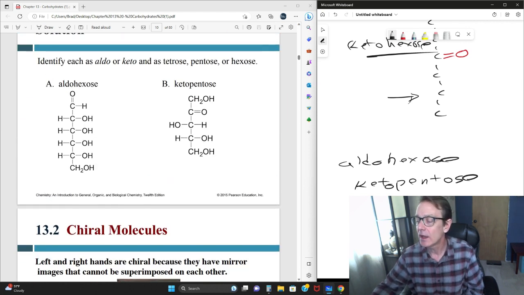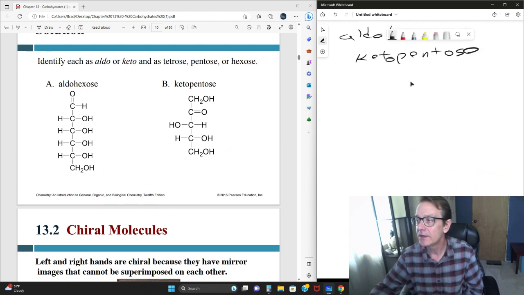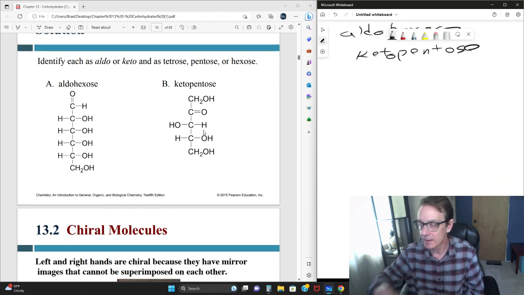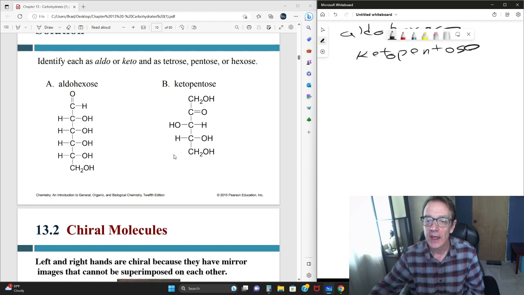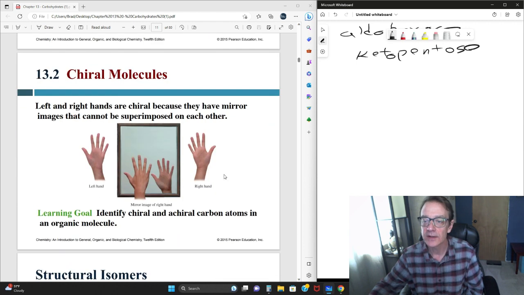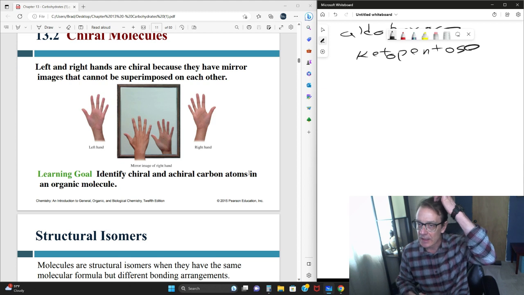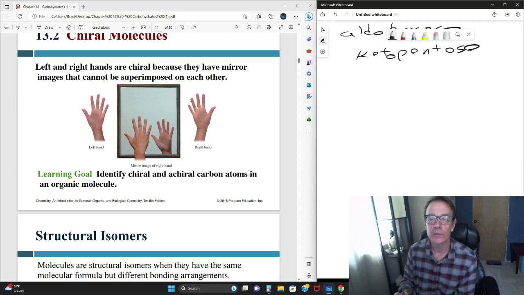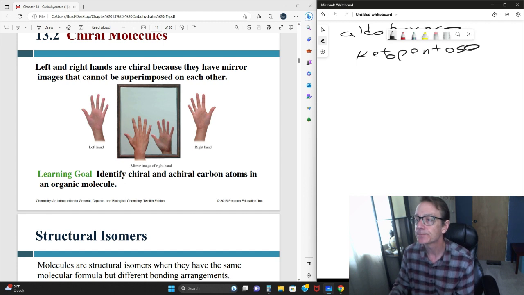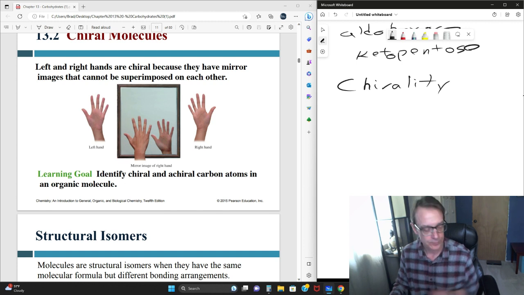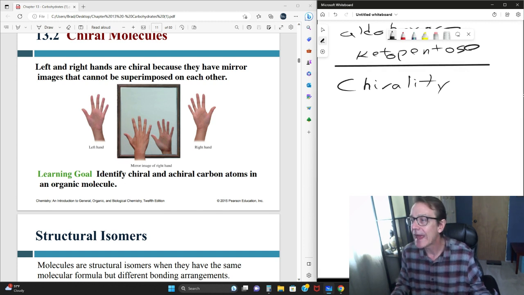So let's take a quick detour here away from these naming of sugars and take a look at chirality, because it is an important thing, certainly in pharmacy, and I'll explain why when we get to it. So when we're talking about chirality, also called handedness.